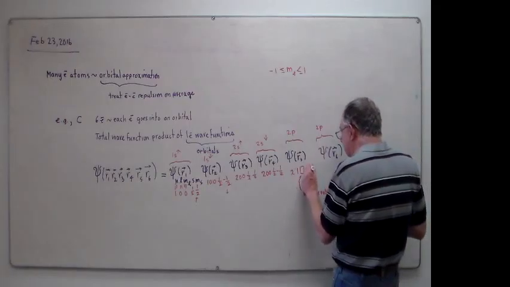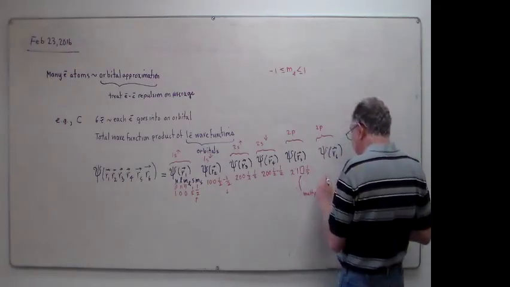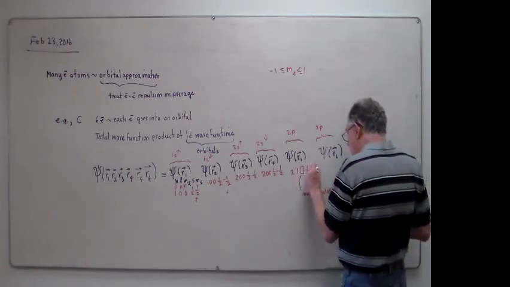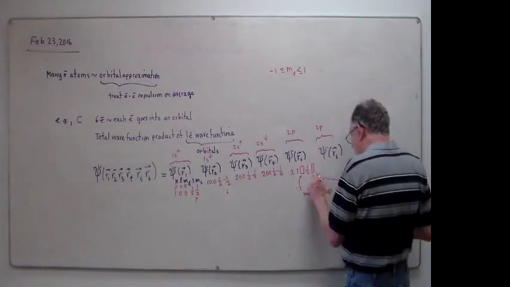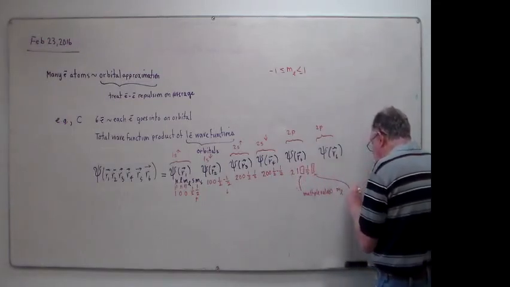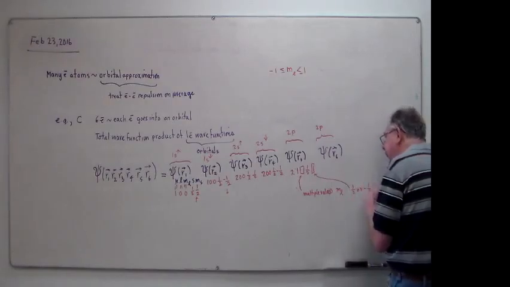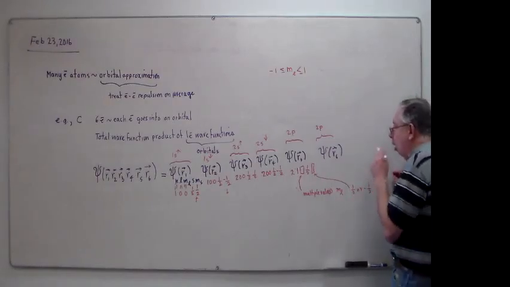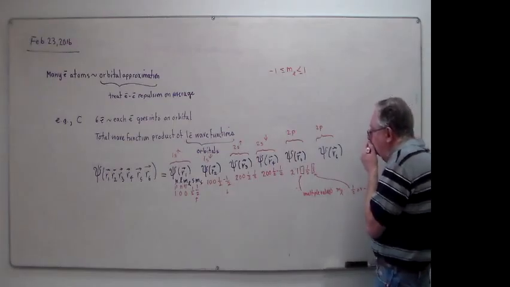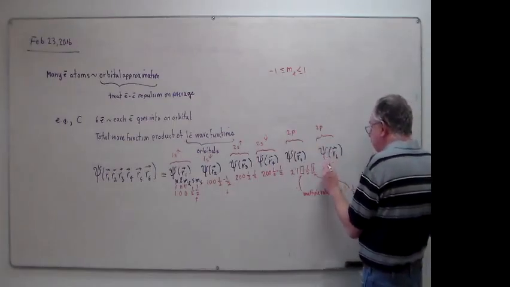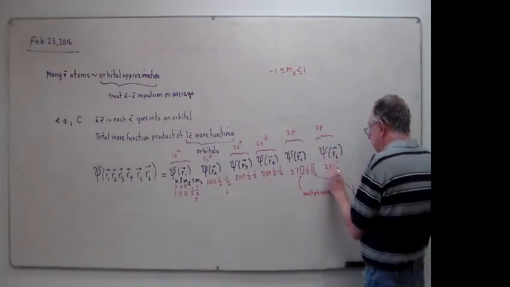The s quantum number is always 1/2. Then we can have the values either plus 1/2 or minus 1/2. And we have the same problem over here.